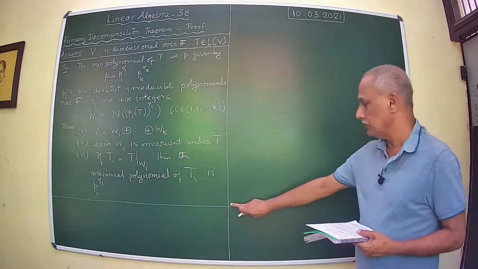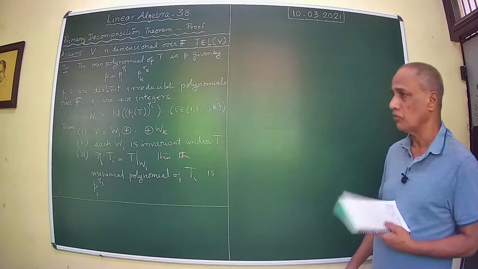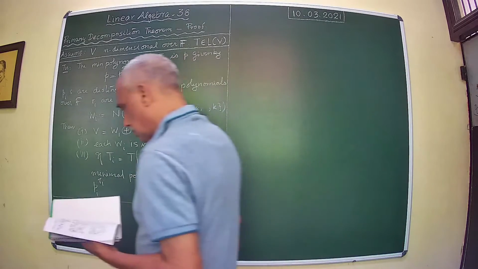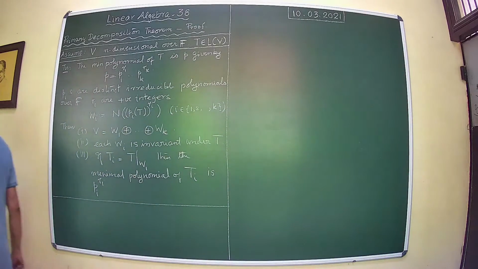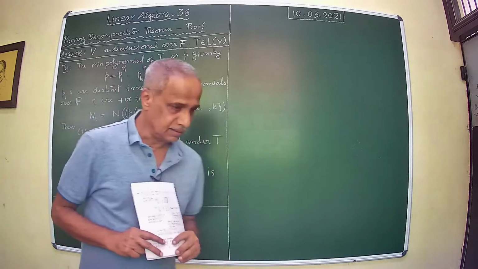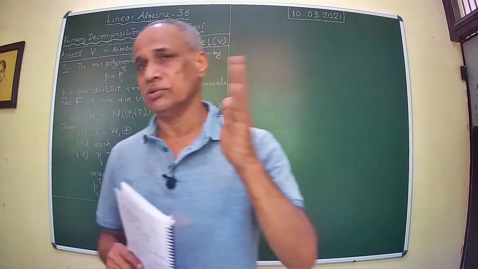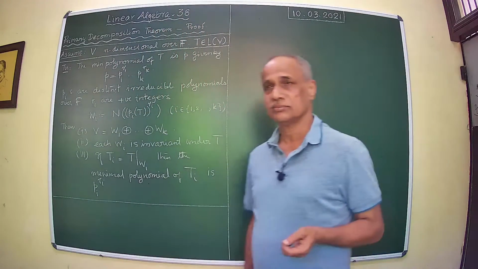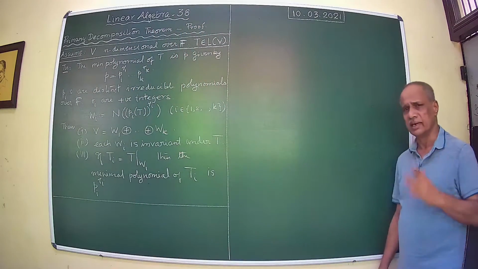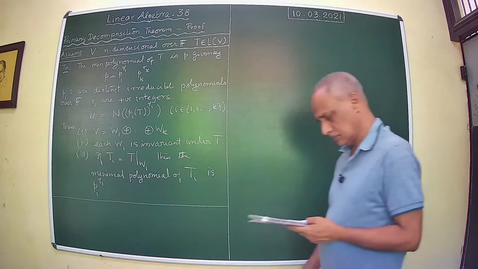What we are going to do is to explore the proof of this theorem. Now we have already given a summary of certain facts that we will be using from polynomial theory, so we will recall them at the right place.